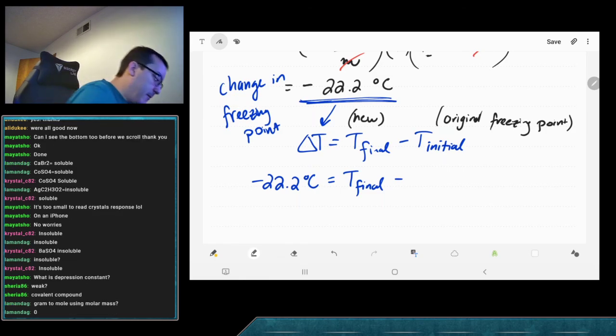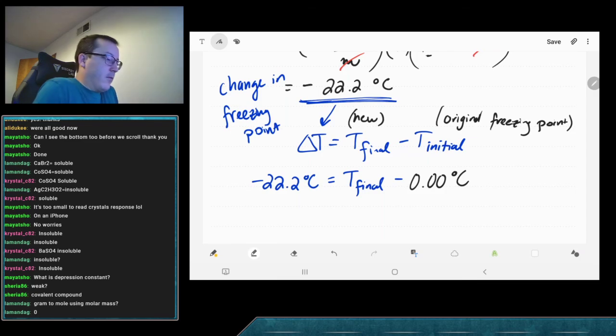Yeah, 0, right? So water normally freezes at 0. So that is our original freezing point.